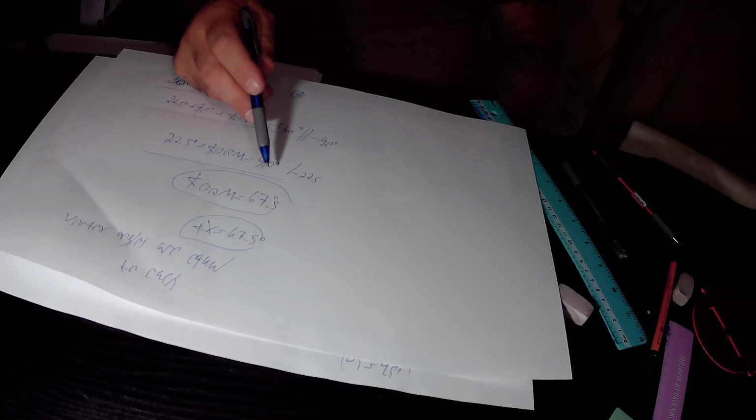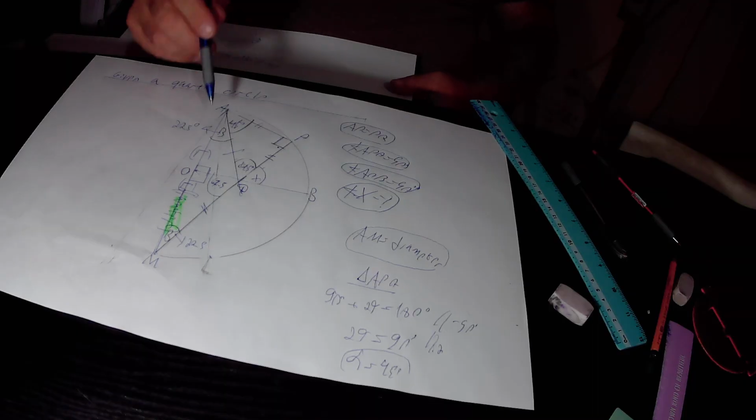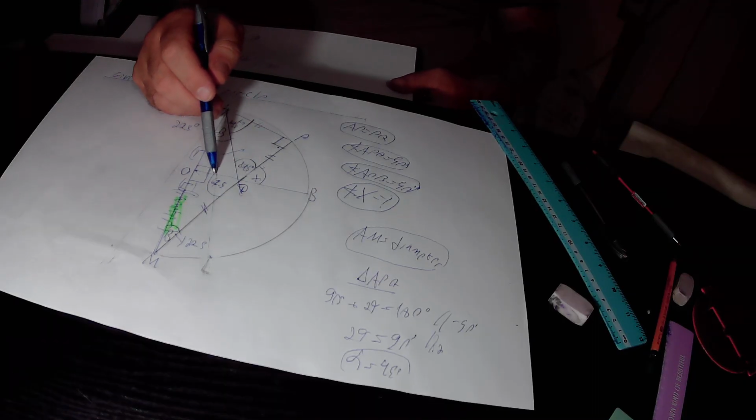Here we subtracted 22.5 degrees from this equation and finally found out that the size of the missing angle OQM equals 90 degrees minus 22.5 degrees, which is 67.5 degrees. So the size of the missing angle OQM is 67.5 degrees.